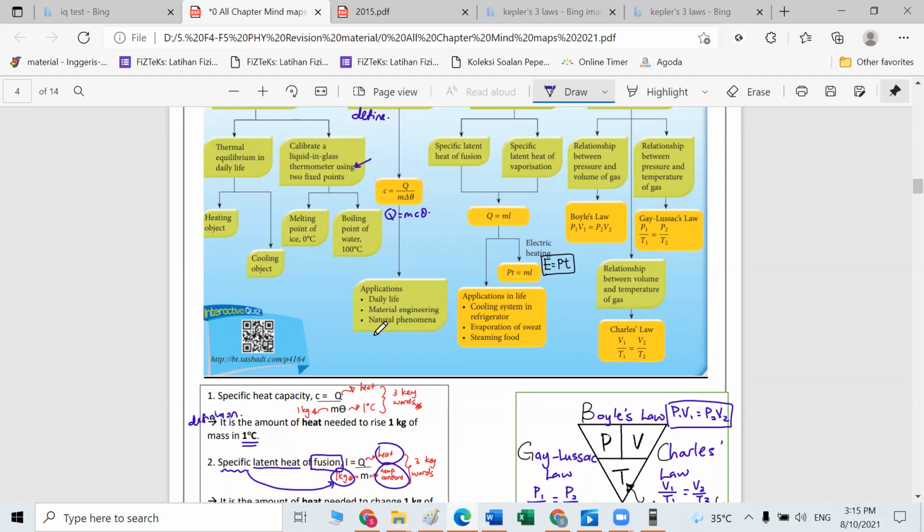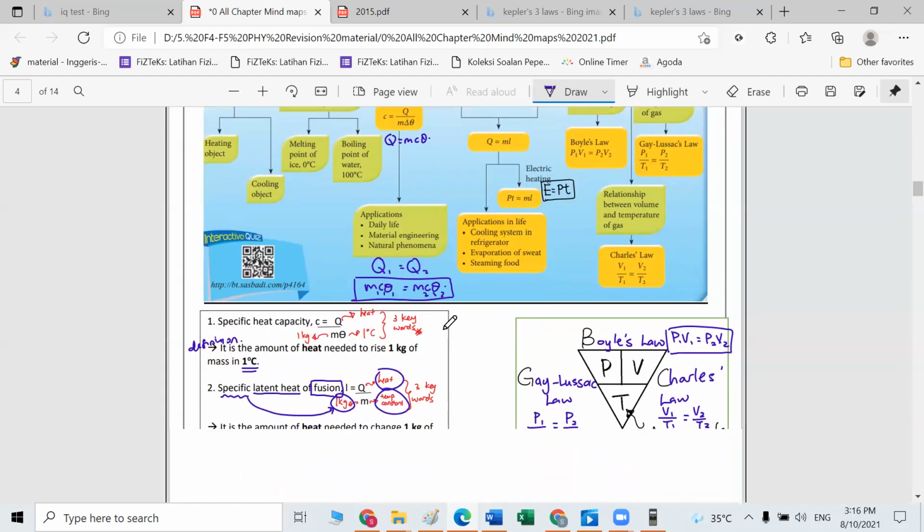And this one, if Q1 equals to Q2, then m1 c1 theta 1 equals to m2 c2 theta 2. Then this one might be a little bit difficult. All right, next.